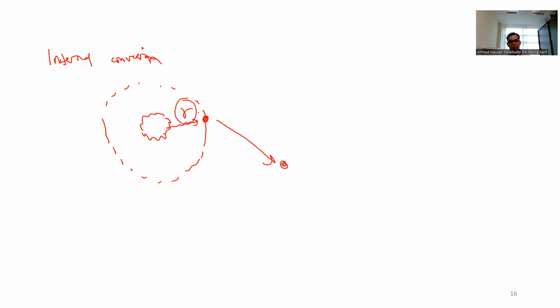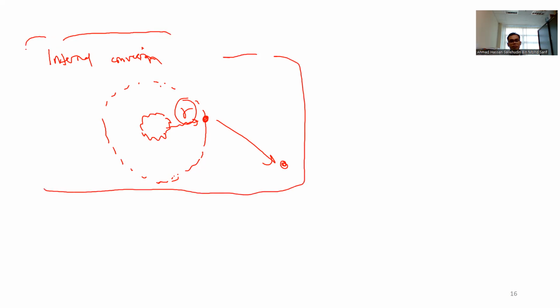The gamma ray must be highly energetic to kick out the electron. So that's a very rough explanation of internal conversion.